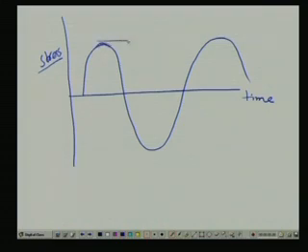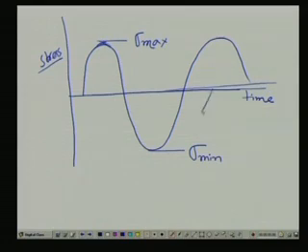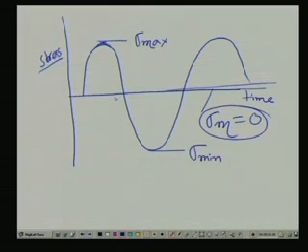This is sigma max, and this we consider to be sigma mean. So, the magnitude of the sigma max and sigma min happens to be the same. That means sigma mean comes out to be 0. So, the average stress in this particular case is equal to 0.